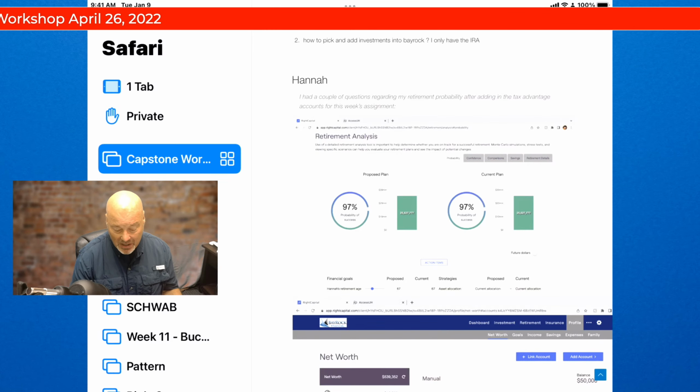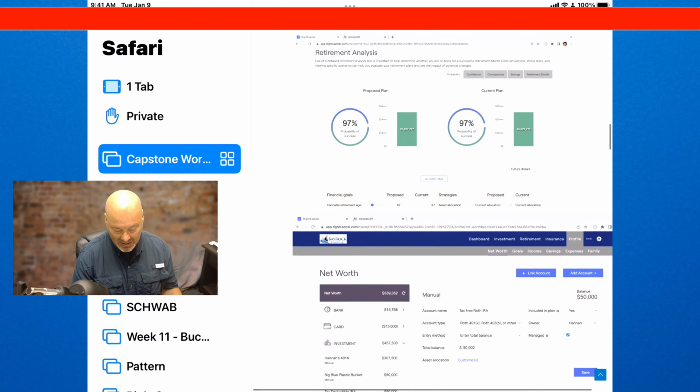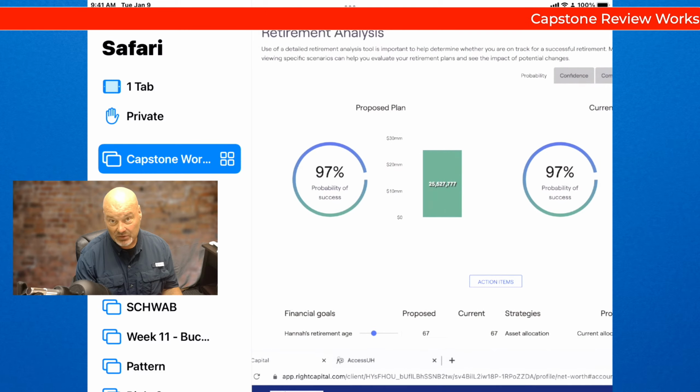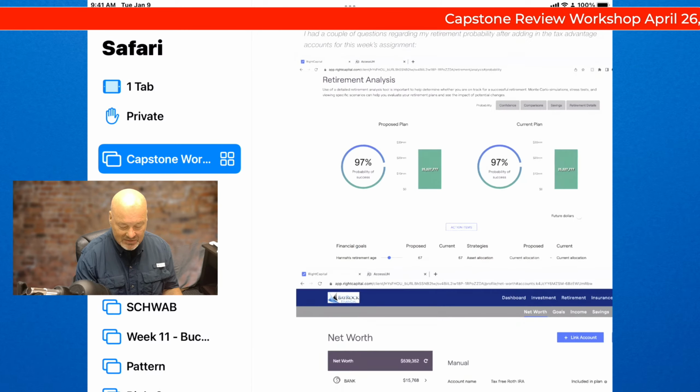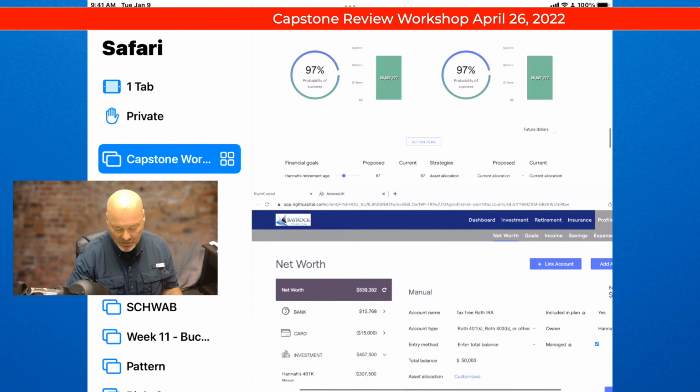I had a couple questions regarding my retirement probability after adding in the tax advantaged accounts. So, yeah, this is one where you're going to have to take a look, Hannah, at your expenses and your income, because you have a huge amount left over, and that's not going to work.